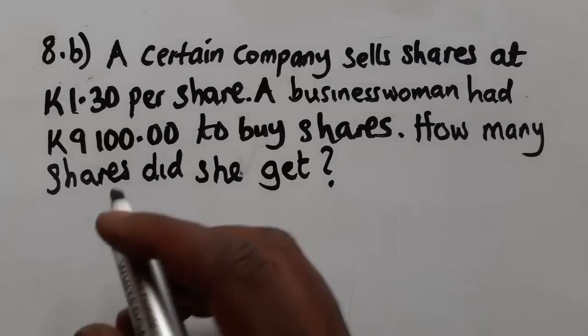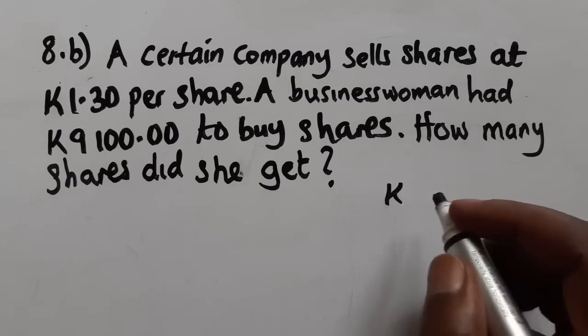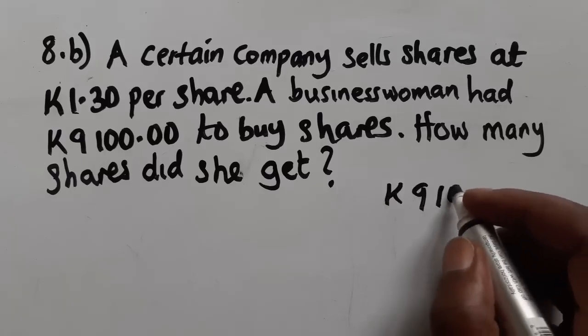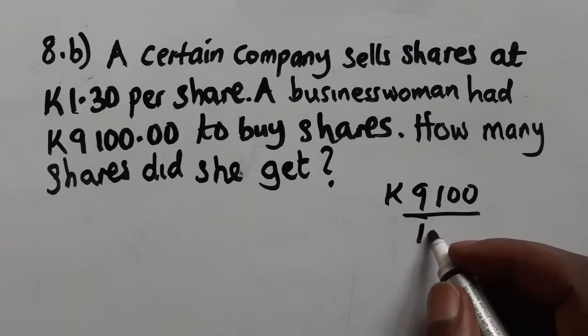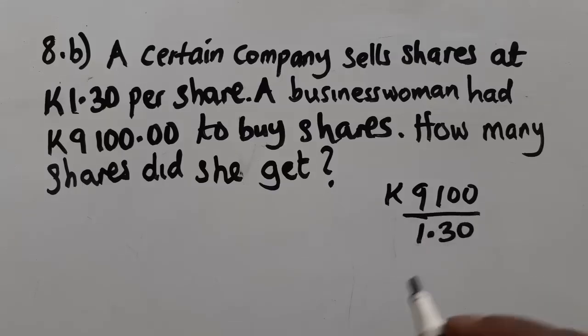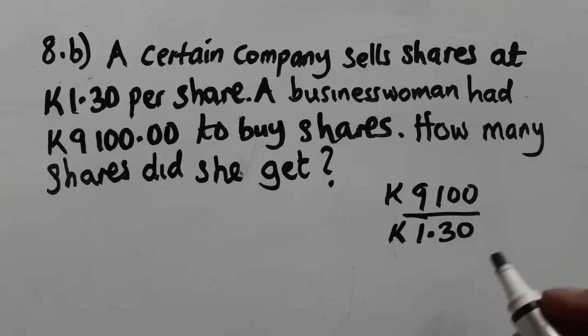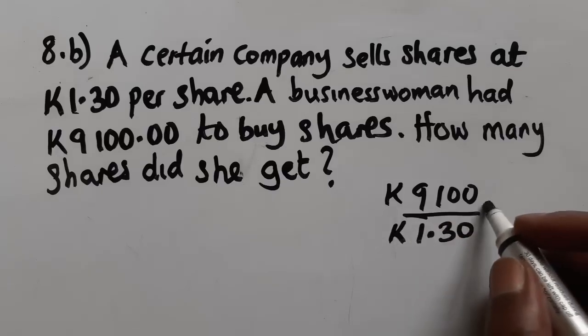So the amount of money that she had was 9,100 kwacha, and the amount per share was 1 kwacha 13 ngwe. We need to divide to know how many shares she bought. So we can divide and see what we get.